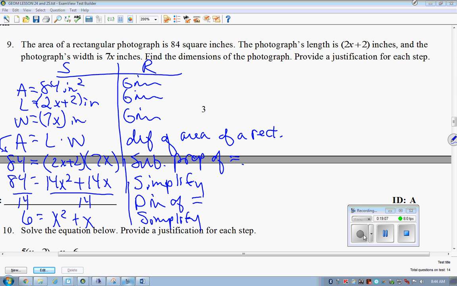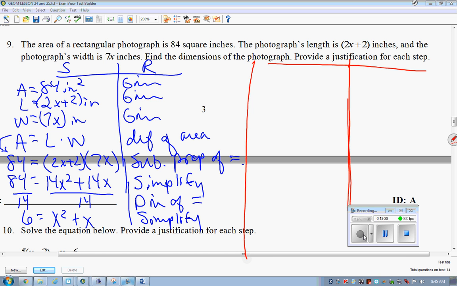From here I'm going to jump over to this side and erase some of this. After I've got x squared plus x equals 6, what would you do?